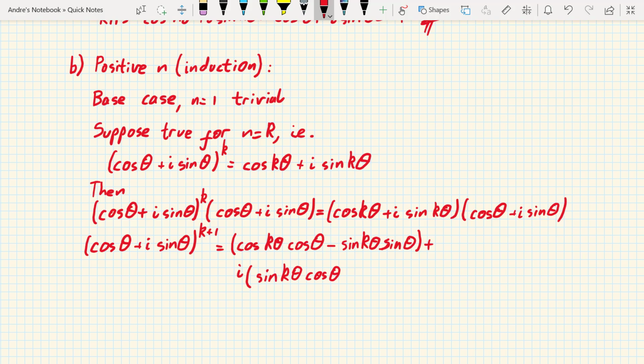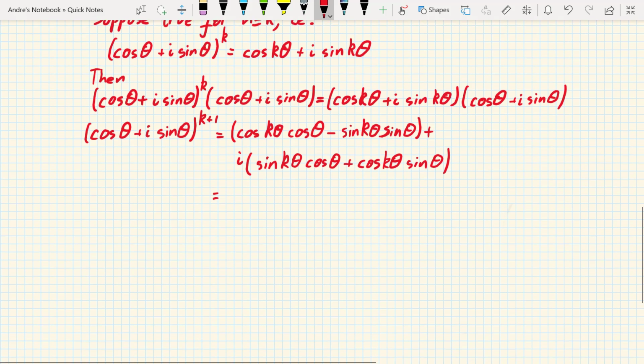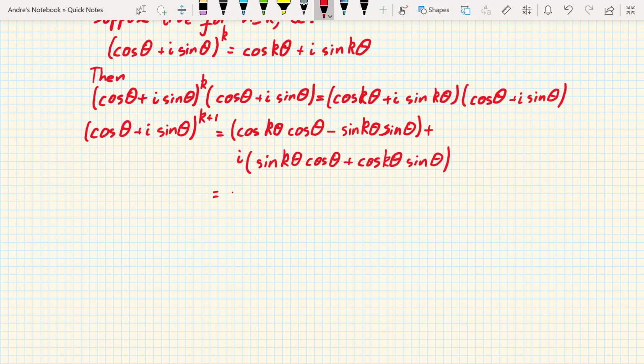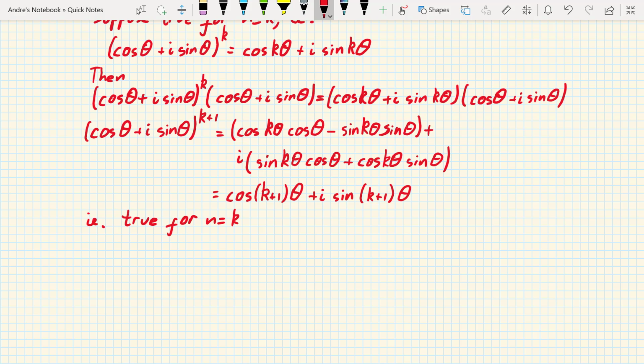And for the imaginary terms, we get sin k theta cos theta plus cos k theta sin theta. But remembering the addition formulae for cosine and sine, that actually simplifies to cos (k+1) theta + i sin (k+1) theta. In other words, the result is true for n equals k+1.